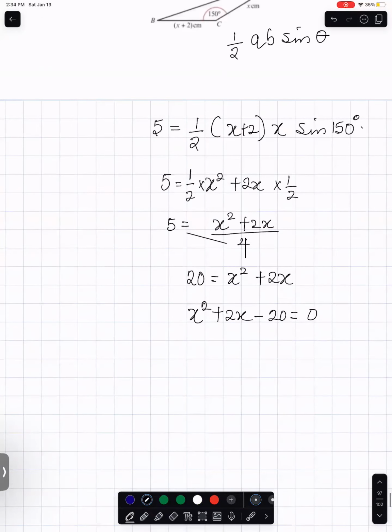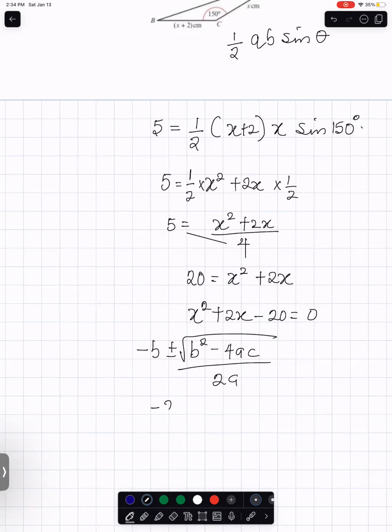We apply the same quadratic formula. We have minus b plus or minus the square root of b squared minus 4ac, divided by 2a. So our b is 2. As we have minus 2 plus or minus the square root of 2 squared minus 4 multiply 1 multiply minus 20.